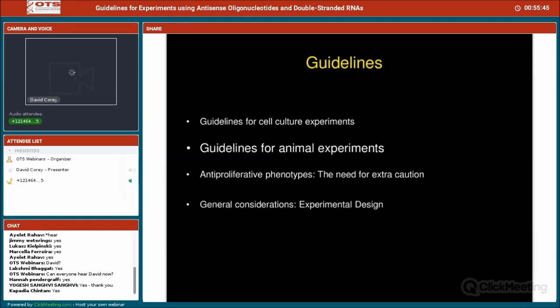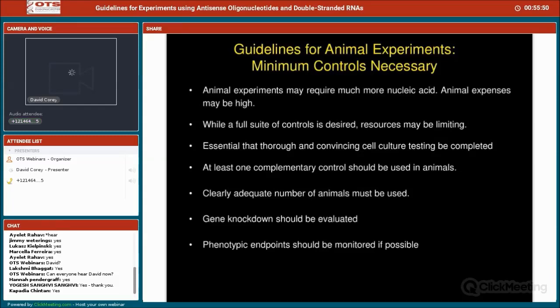Okay, so that was cell culture. What about animal experiments? With animal experiments, we start to run into this problem of resources more seriously because you're going to need much more nucleic acid, and the animal expenses might be high.